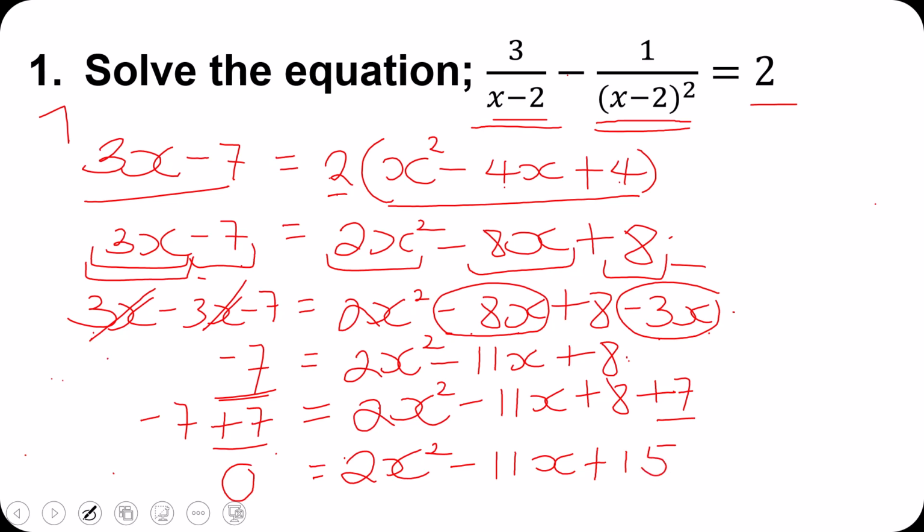So finally, we have a quadratic equation that you can solve using any of the methods, using the quadratic formula, using completing the square, or using the factorization method if it can work. So we are going to solve this equation in the next video. Thank you for watching.